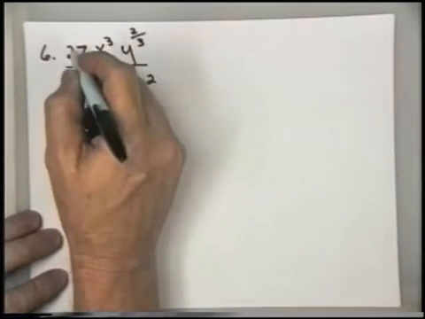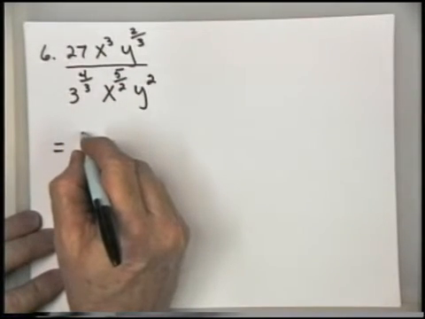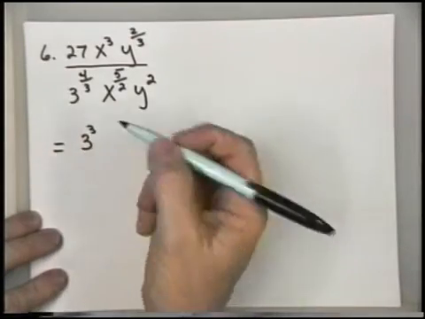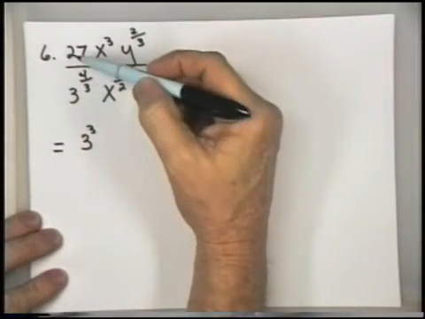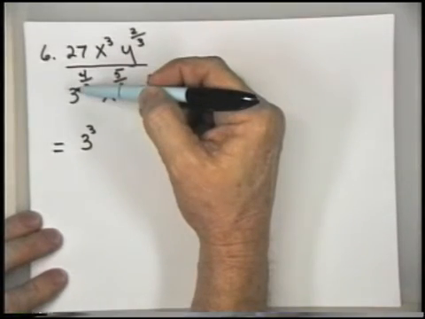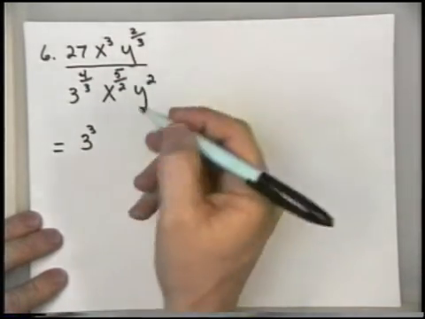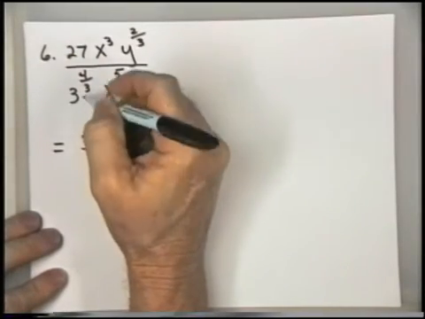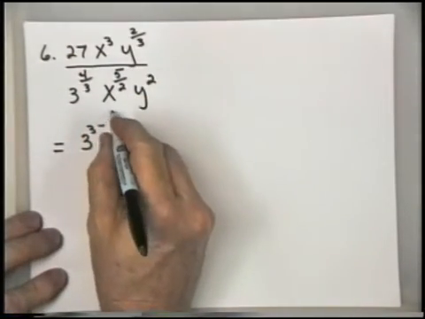So one way to do this one is to rewrite 27 as 3 cubed, and then thinking of it that way, we've got a quotient of 2 powers of 3. What do we do? We subtract the exponents.